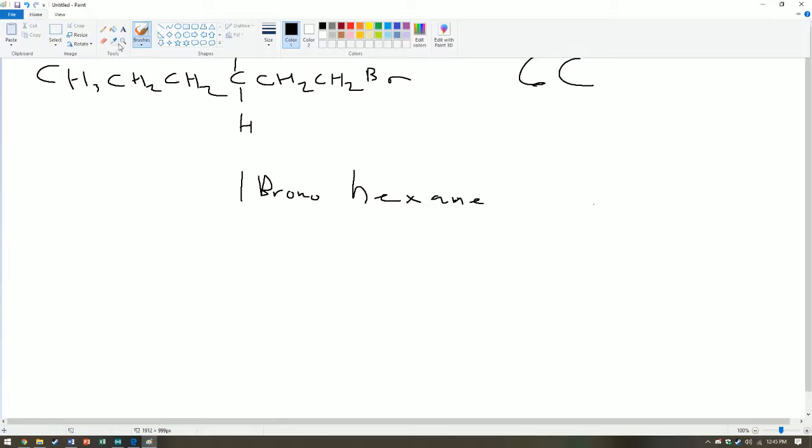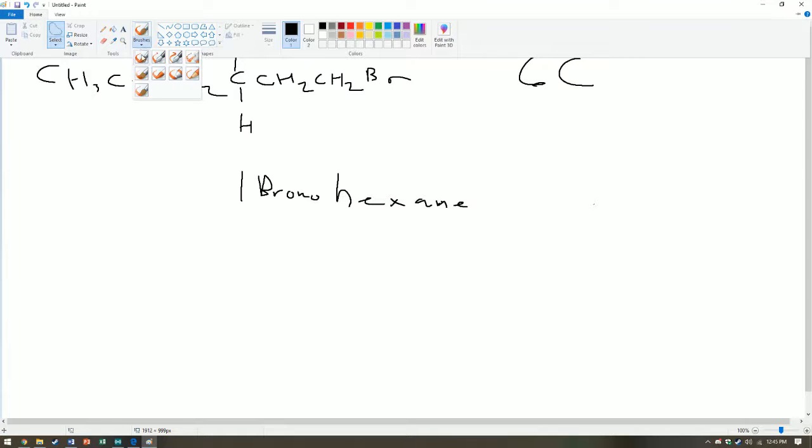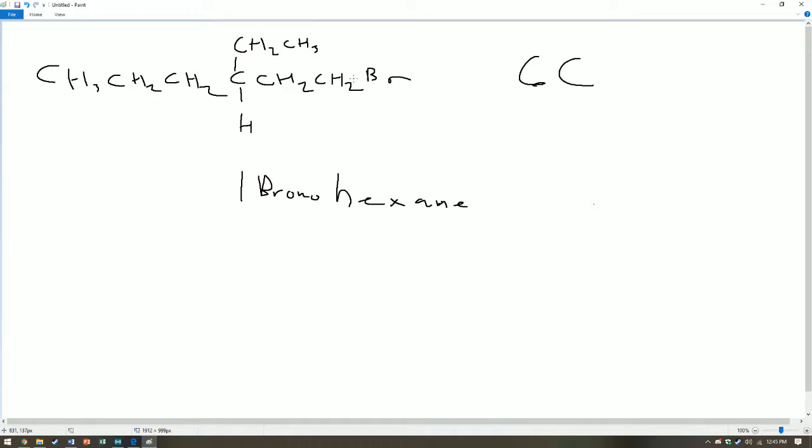1-bromohexane. And then lastly, I want to look for any branches. There's a branch, and it is 2 carbons long, so it would be an ethyl, and it is on carbon 1, 2, 3. So we would put a 3 there.